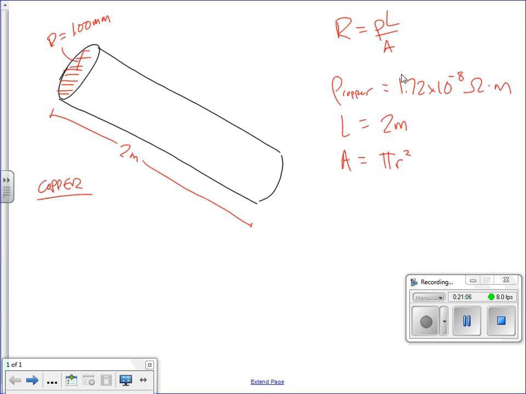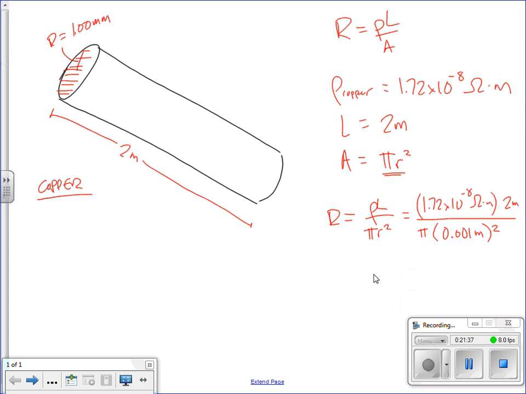All right, so we can say that the resistance here, you could actually calculate this right now if you want, or just put it all together, and we get 1.72 times 10 to the negative 8 ohm meters times 2 meters over pi times, careful here, 0.001 meters, because we need our radius in meters. Don't forget to square.